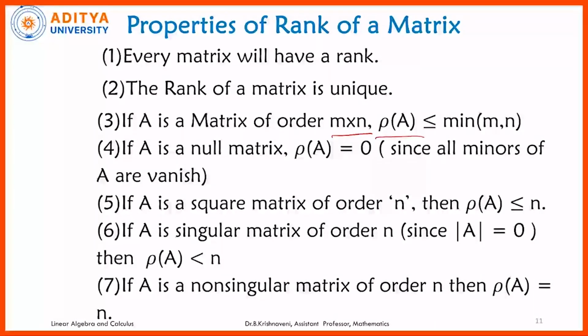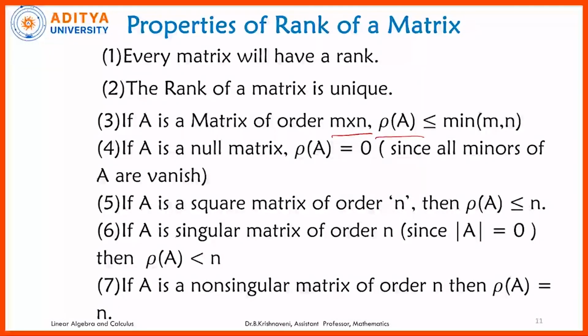Here particularly we are discussing a matrix of order m by n, which means a rectangular matrix, not a square matrix. In such cases, the rank of A must be less than or equal to the minimum of m comma n. That is the property.